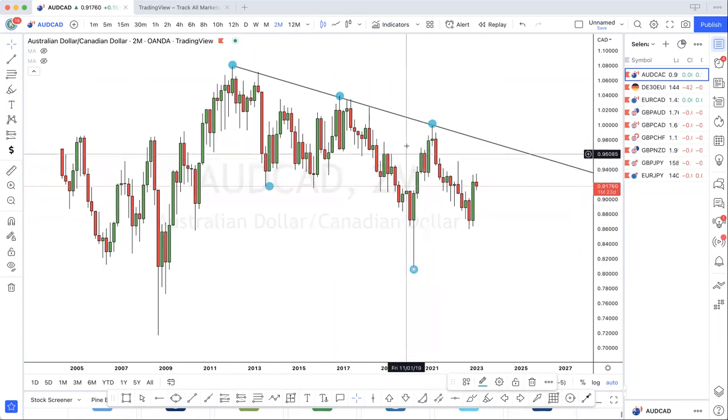So when you know where you are in the overall picture of market structure, we're in a bearish market, right?